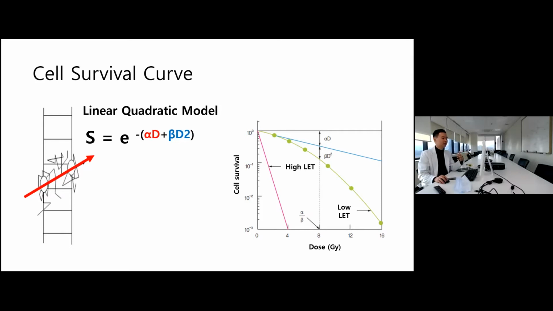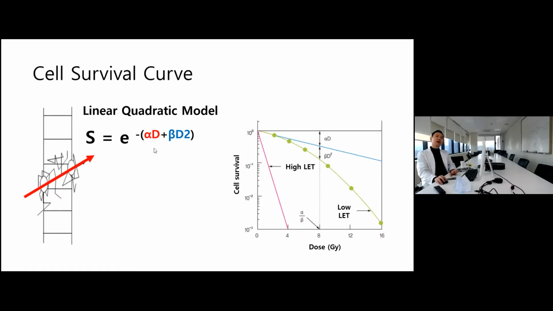And as you can assume, high LETs might have such a linear shape, but before that, what I want to explain is what these components are.